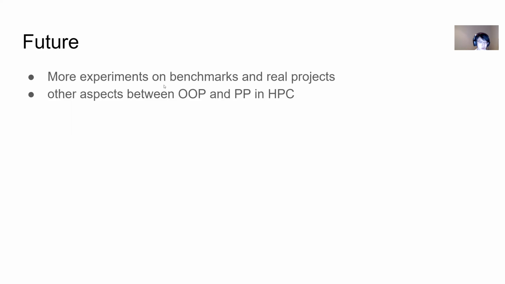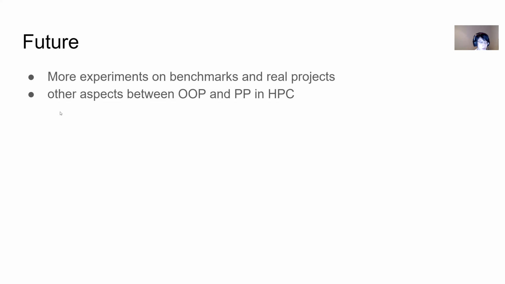So we need to compare the difference in a real project, which means we take an object-oriented programming project, rewrite it in procedural programming, and compare the results between them.